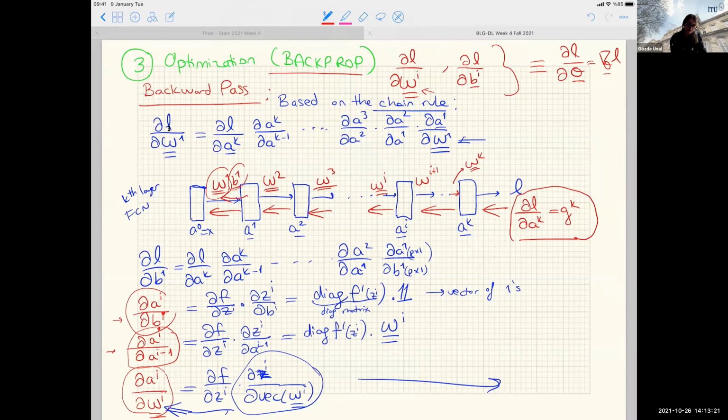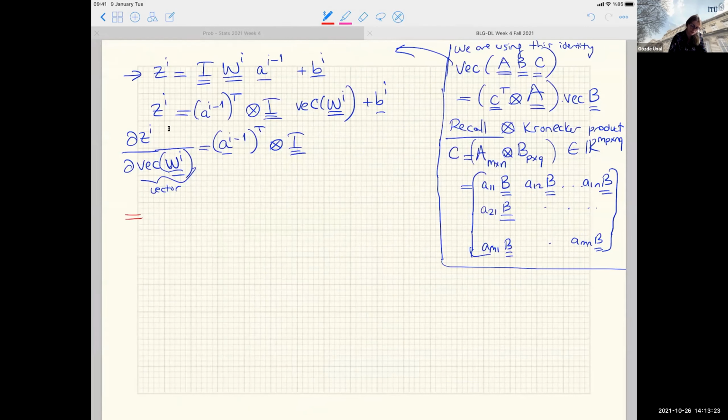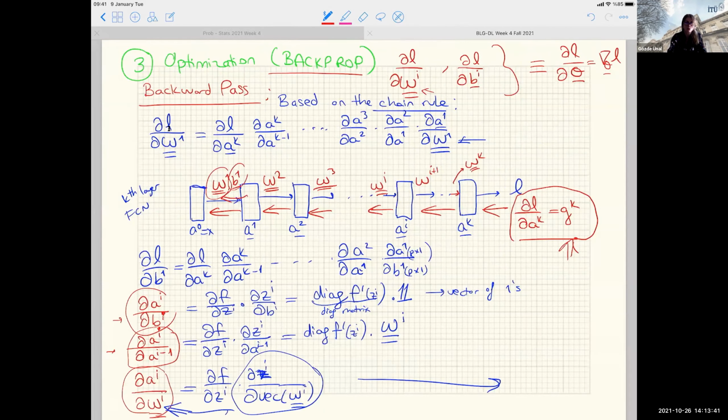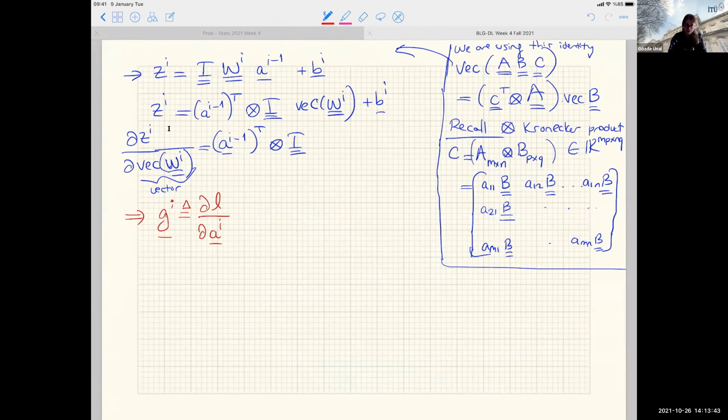This will give us an easy way again to calculate our derivatives. This is the backpropagation algorithm, by the way, del L by del AI. You see, loss with respect to the activation at each layer. Remember, we call these upstream gradients.